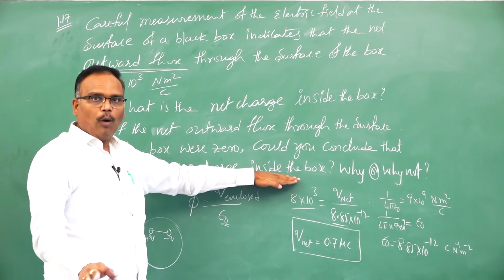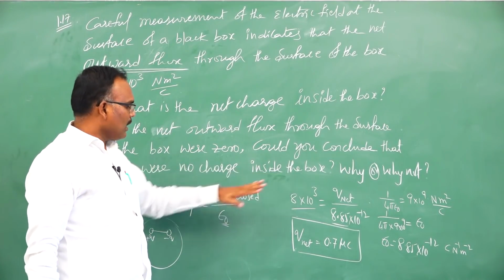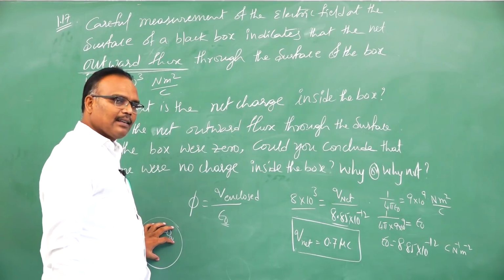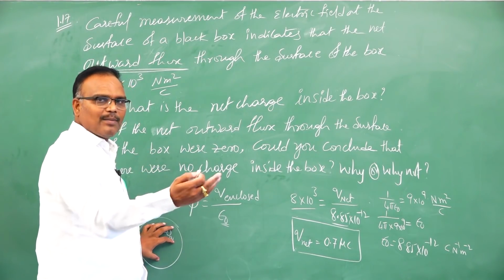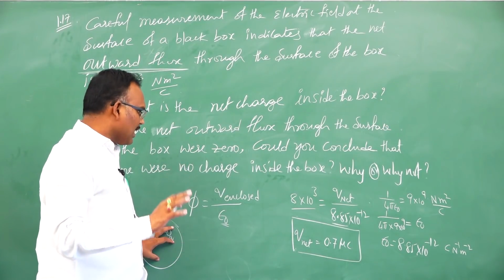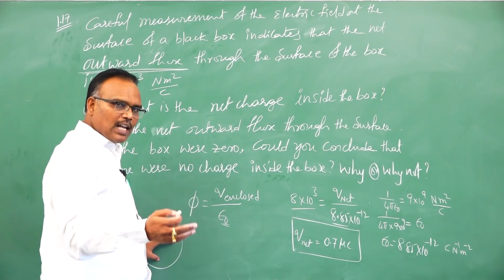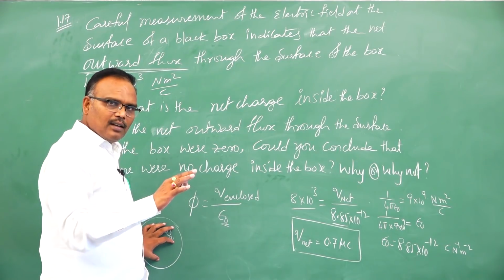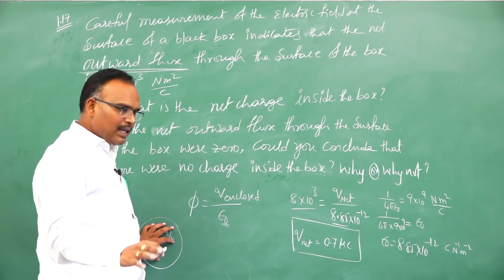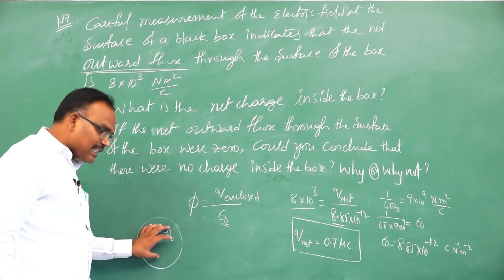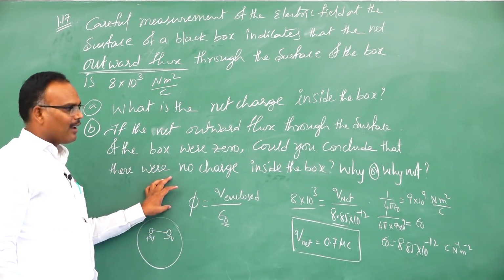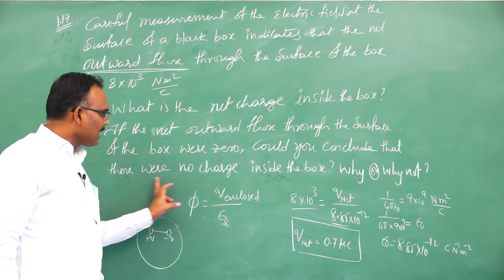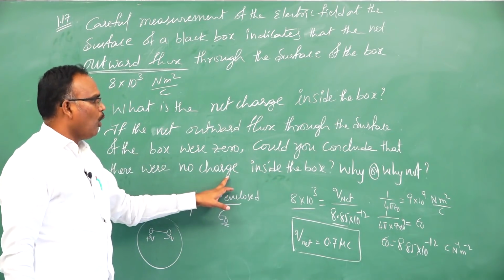So I'll say no. Even in the presence of charges, sometimes if the net charge is 0, flux becomes 0. No doubt, if there is no charge in the Gaussian surface, there is no flux. But even in the presence of charges also flux becomes 0. That case is there. So for this question I will say the answer is no.